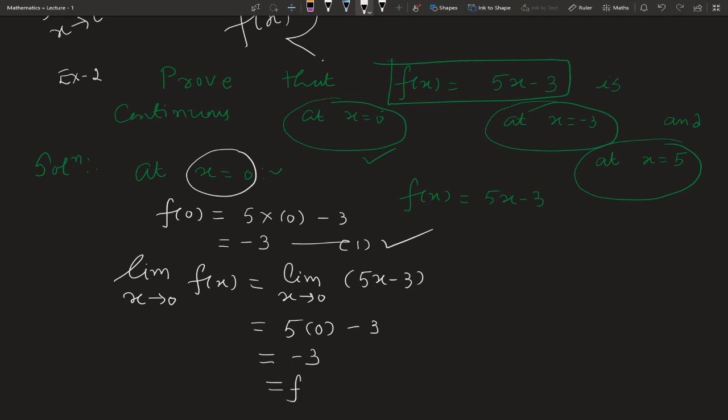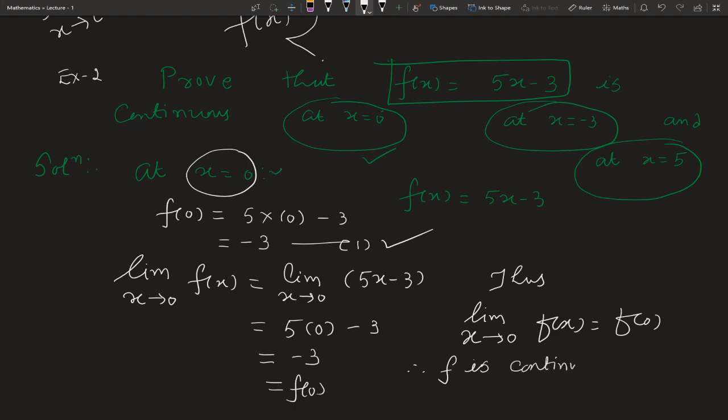So thus we have proved that limit x tends to 0 of f of x equals f of 0, and therefore f is continuous at x equal to 0.